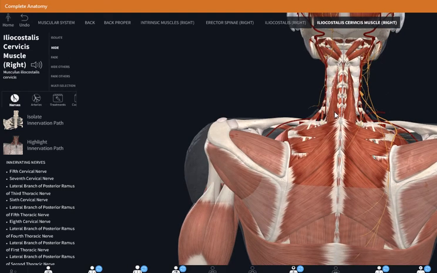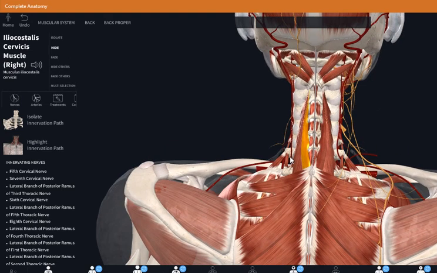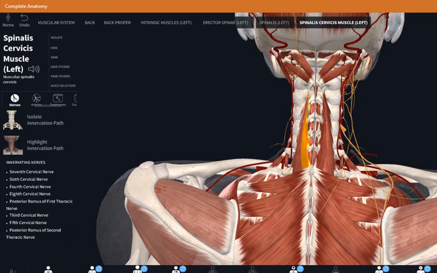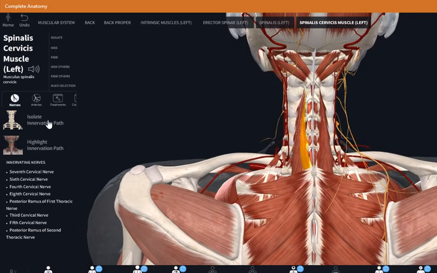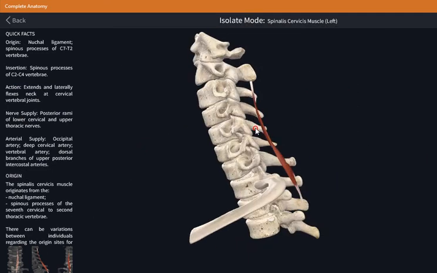Now we continue coming here. The posterior muscle here is the spinalis cervicis muscle, and it also has a nervous supply. You have to know the nervous supply from their origin and insertion.